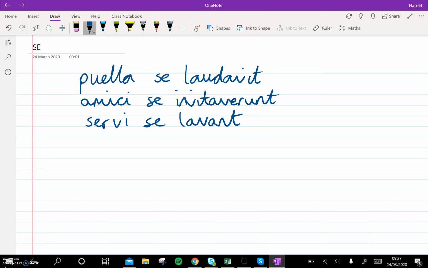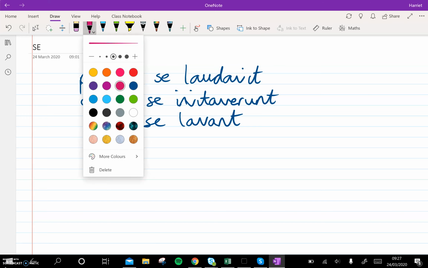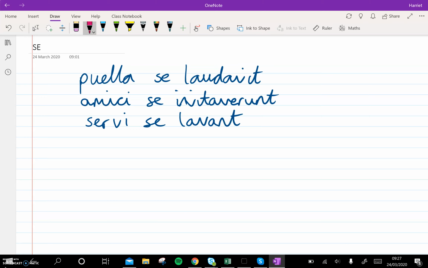Okay, so here are some pretty straightforward examples of Latin sentences using se. So the first one, we have the girl, verb praised, se, herself.